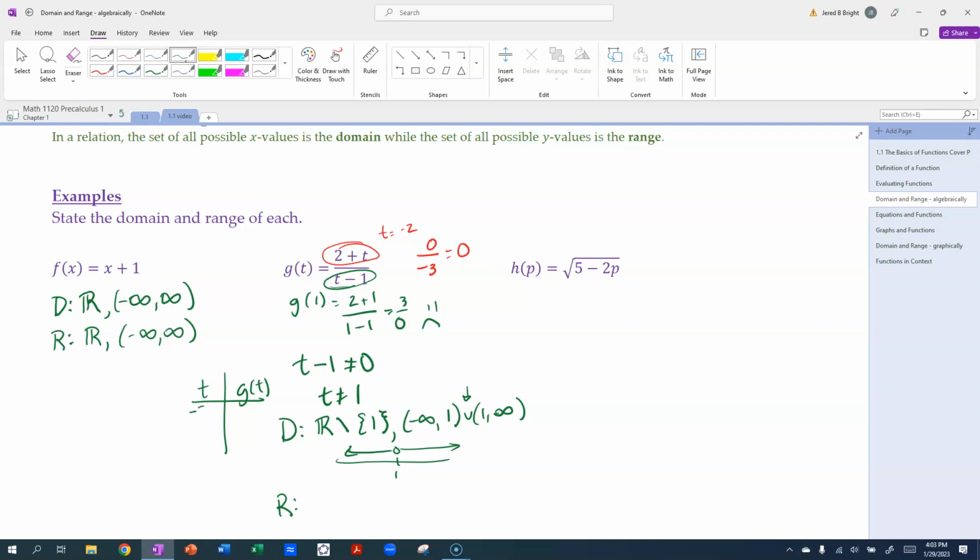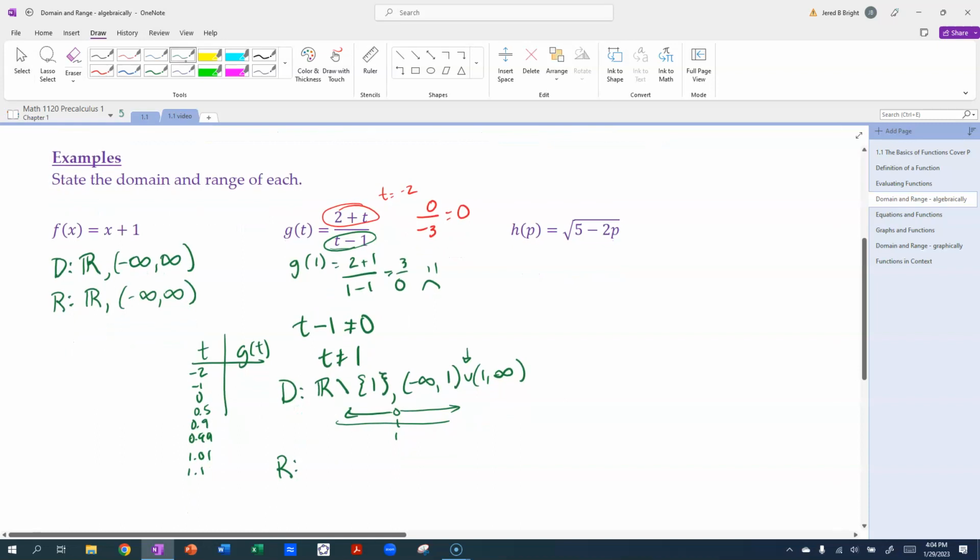So -2, -1, 0, and then get really close to 1, like 0.5, 0.9, 0.99, and then 1.01, 1.1, and then 2, 3, and just see what happens.